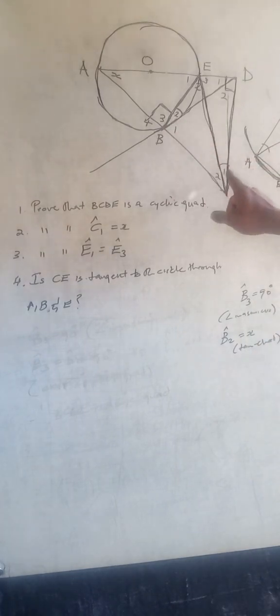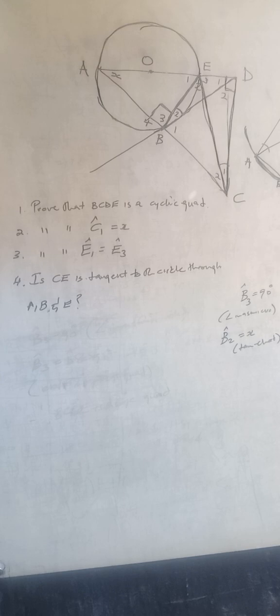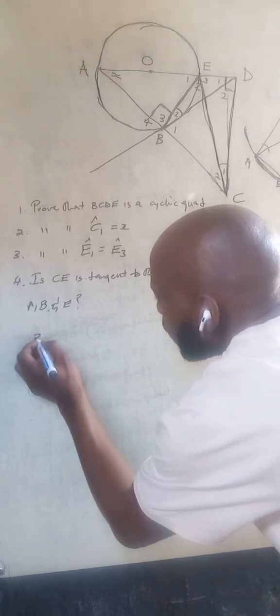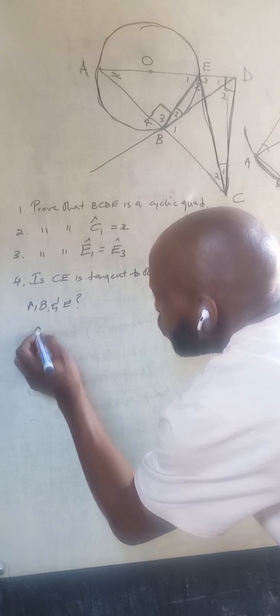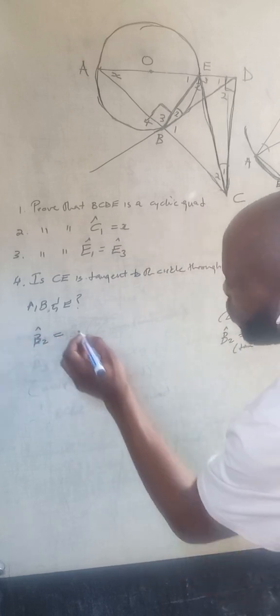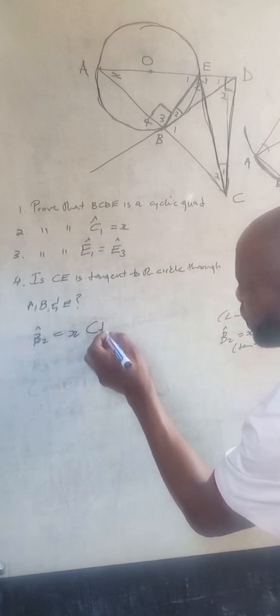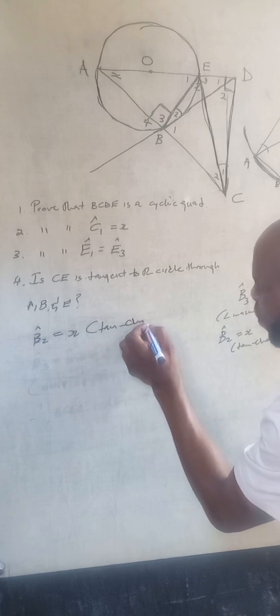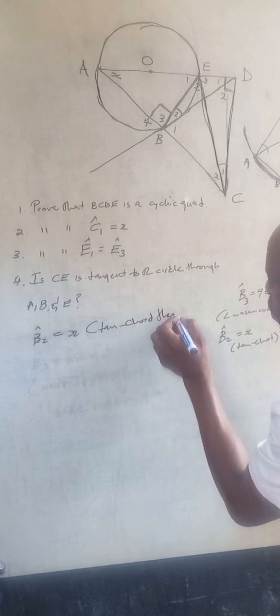Angle B2 is equal to angle C1. Why? They are angles in the same segment. But we said angle B2 is equal to X. What is the reason? The tan chord theorem.